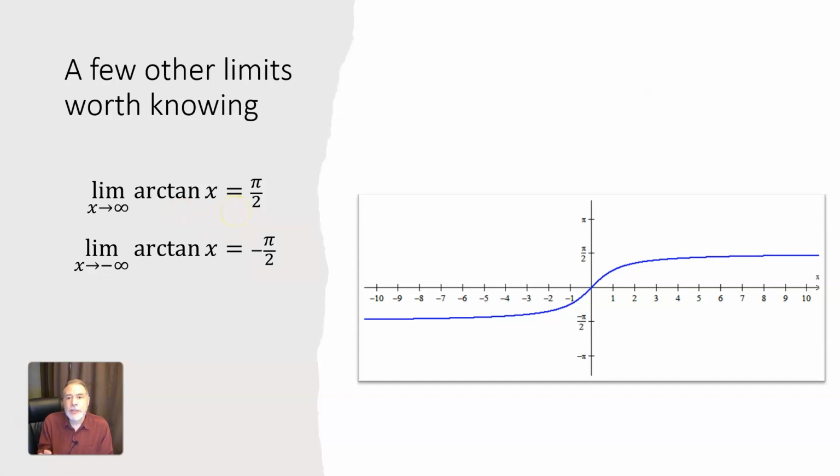If you take the arctangent of a really, really, really big number with your calculator in radians mode, you get a value that's really, really close to pi/2. And as x approaches -infinity, the limit of arctangent of x is -pi/2.